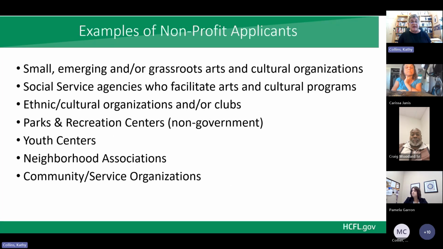Examples of nonprofit applicants: there are a lot, but we consider them small arts and cultural organizations or social service agencies, youth centers, community and service organizations, as long as you are a 501c3 and registered with the state.